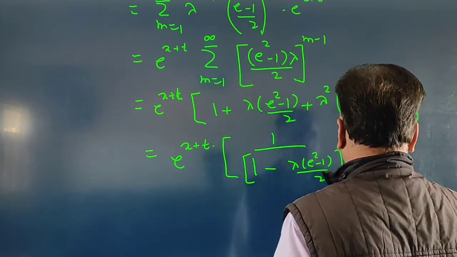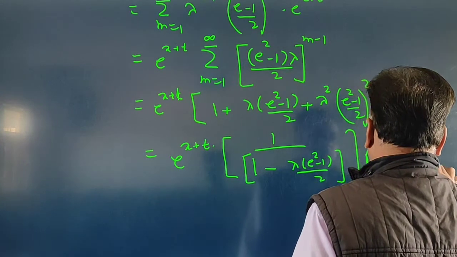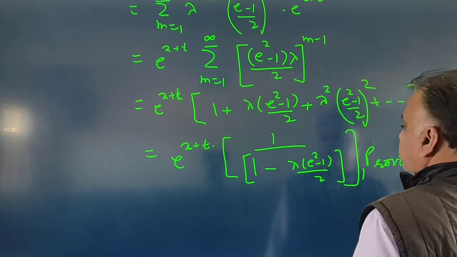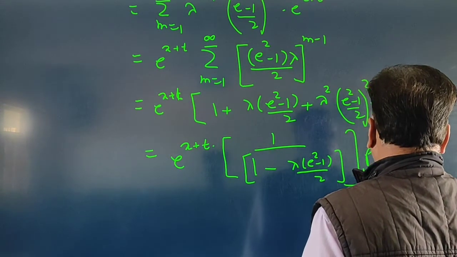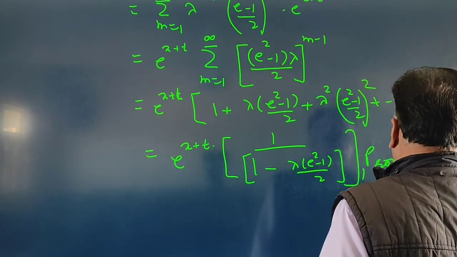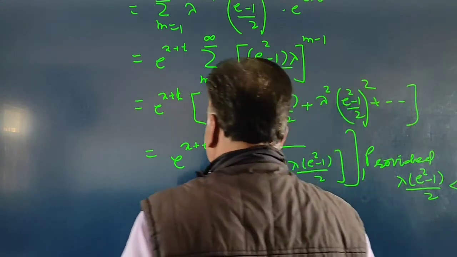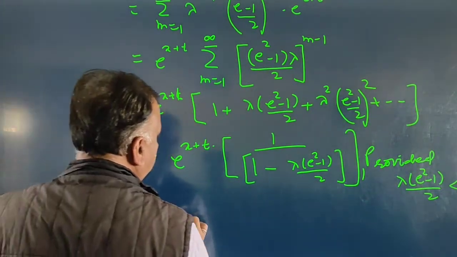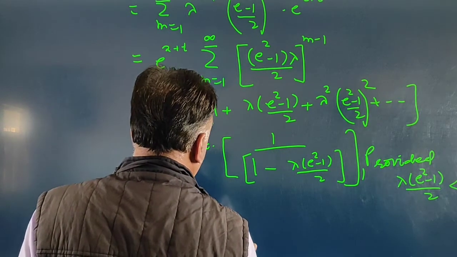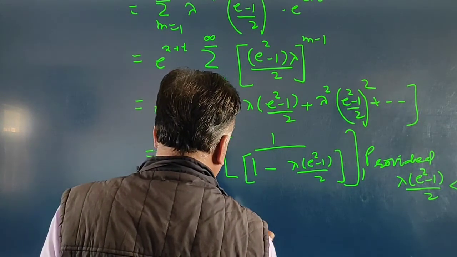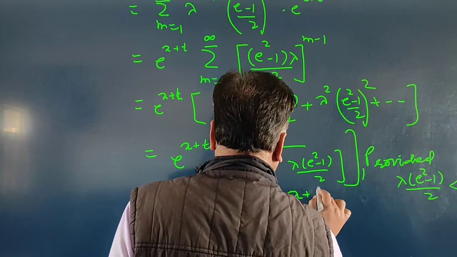provided that the modulus of lambda into (e squared minus 1) upon 2 is less than 1. This is equal to 2 upon (2 minus lambda into (e squared minus 1)) into e raised to x plus t.